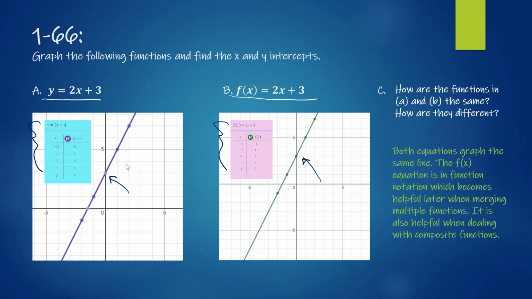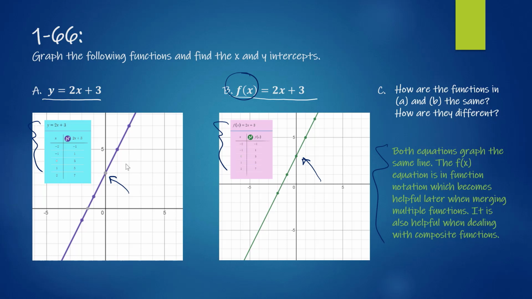So those are simple. Now, when you go to C, it says, how are the functions in A and B the same? How are they different? Well, they graph the same line, for sure. They both have the same y-intercept and the same slope. The difference comes in the notation. The notation for part B is function notation. And you can read right here: both equations graph the same line. The f of x equation is in function notation, which becomes helpful later when merging multiple functions.